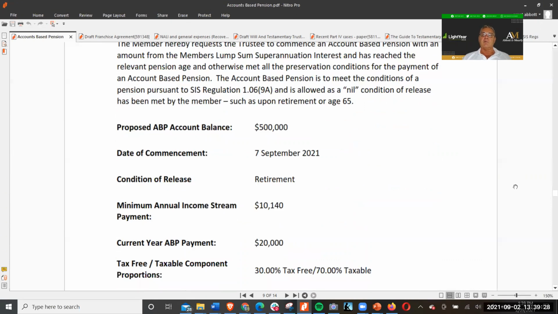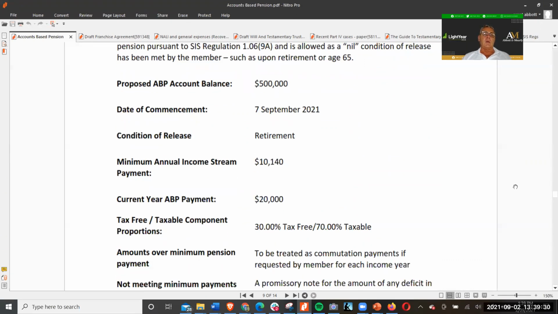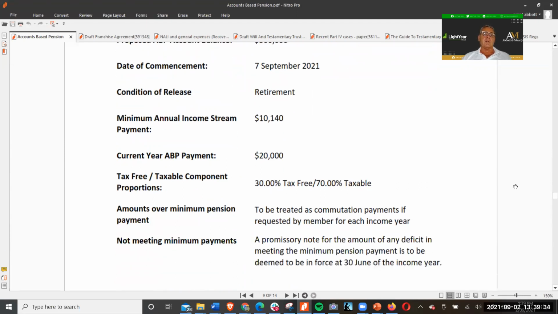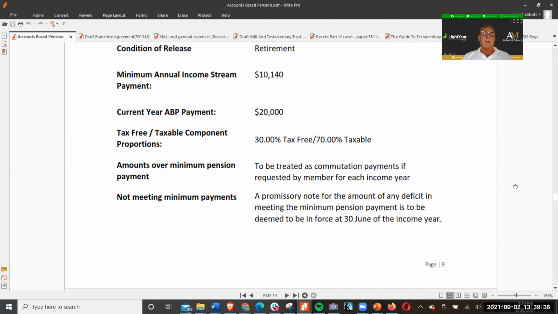As I said, feel free to read through this later on. 7th September 2021, condition of release retirement, $10,000 current year ABP, 30% tax-free, 70% taxable. For that one, it's immaterial. It's obviously going to be tax-free to John, and likewise if Sally, Billy and Bob, whoever gets it, it's always going to be tax-free. But that does apply if it's commuted.